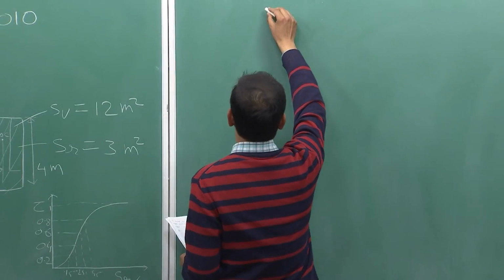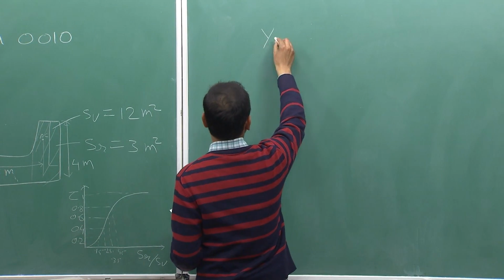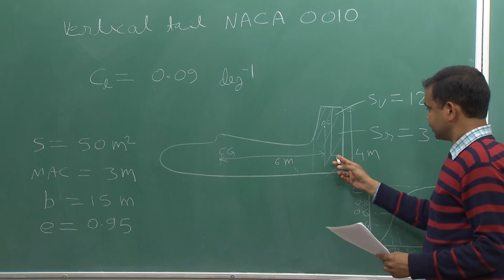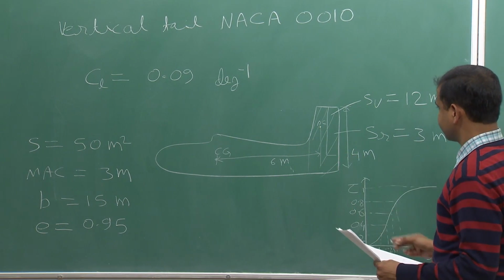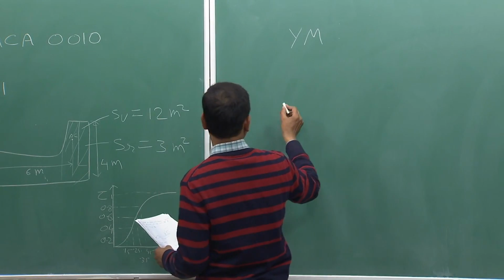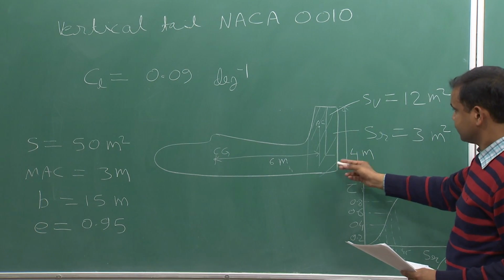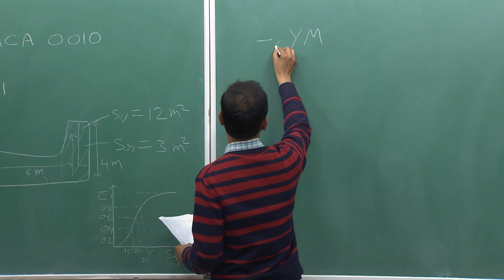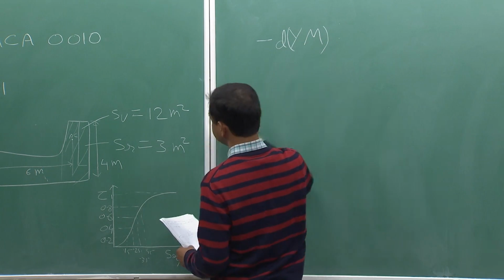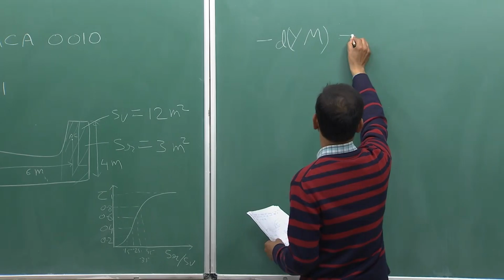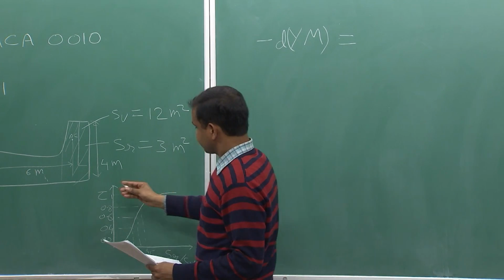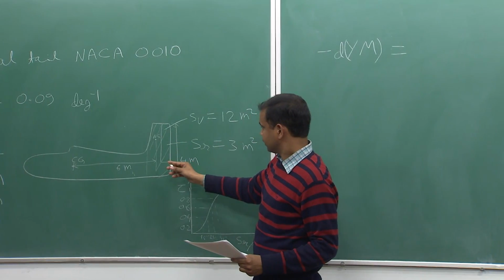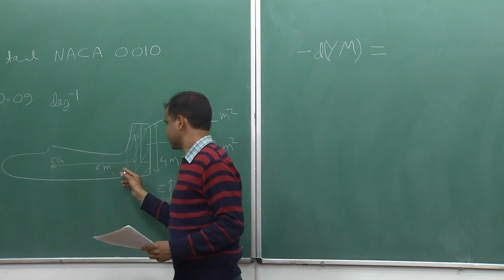We can write the yawing moment due to change in the rudder deflection. For the positive deflection, we will have a negative yawing moment. So, we can write minus dN because this is the change in the deflection, and this will be the force on this vertical tail multiplied by this moment arm.